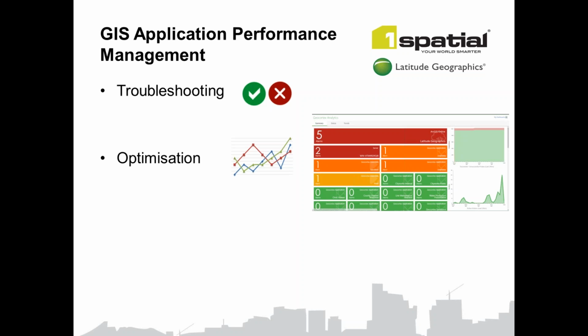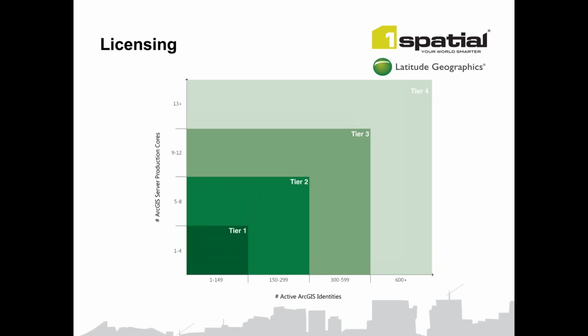Looking at optimization, how can we switch off services we don't need? How can we turn off parts of the application we don't need, or make support for certain viewers not required anymore? And then economic efficiencies, ensure that we're getting return on investment on this data. Make sure that the applications we're running give us our return on investment.